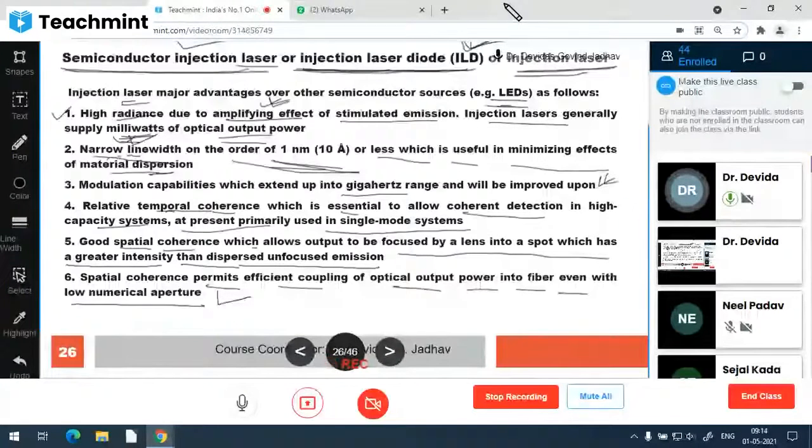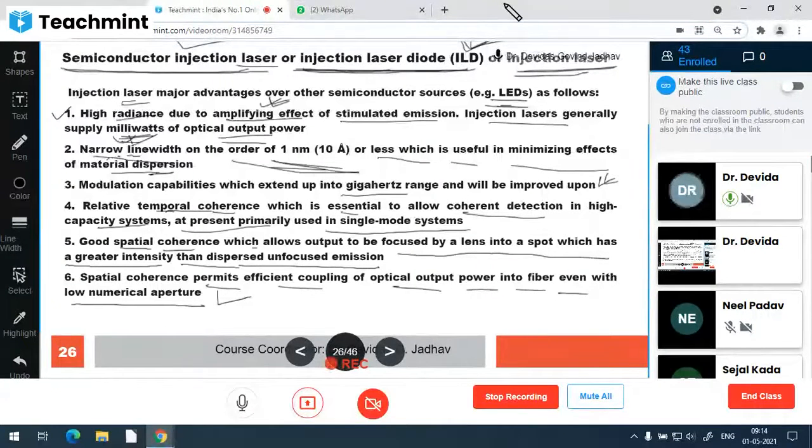Laser has a narrow line width on the order of 1 nanometer or so, 10 angstroms. So it is less, which is very useful in minimizing the effect of material dispersion. Line width is less, dispersion is less. Dispersion is less means attenuation due to dispersion is less, and bandwidth is more because dispersion limits the bandwidth.